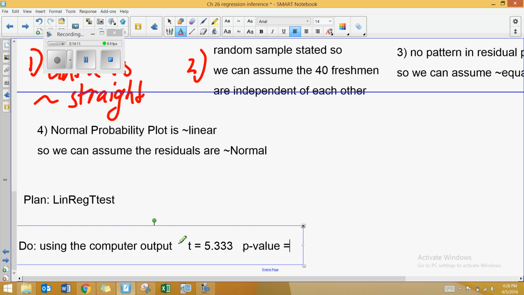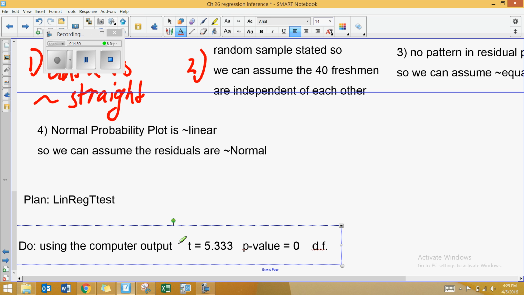Well, your computer, just like the calculator, can't really function with numbers that are that small, so p-value is just 0. If you just want to put 0, that's fine, because that's all we know it is, and so we can safely assume it's going to be less than whatever you decide to set your alpha to.